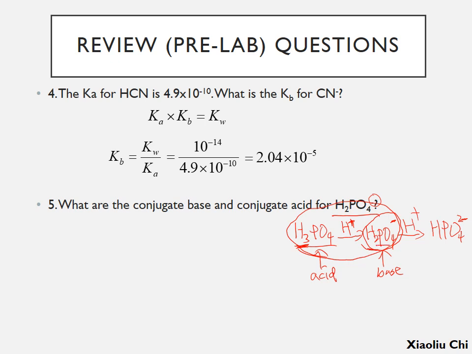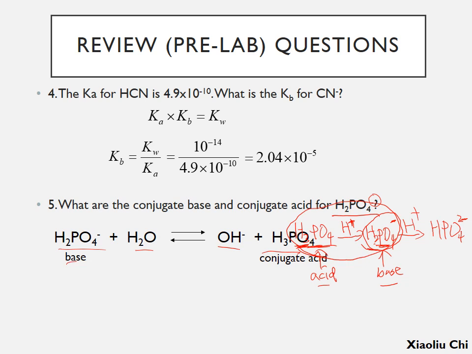Now the conjugate base also hydrolyzes back to the original acid by adding water, and then this is the base, and this will be the conjugate acid. So the reaction is dihydrogen phosphate plus water go back to the phosphoric acid and with a hydroxide ion. And so in this case, we call this base, and the product is a conjugate acid.